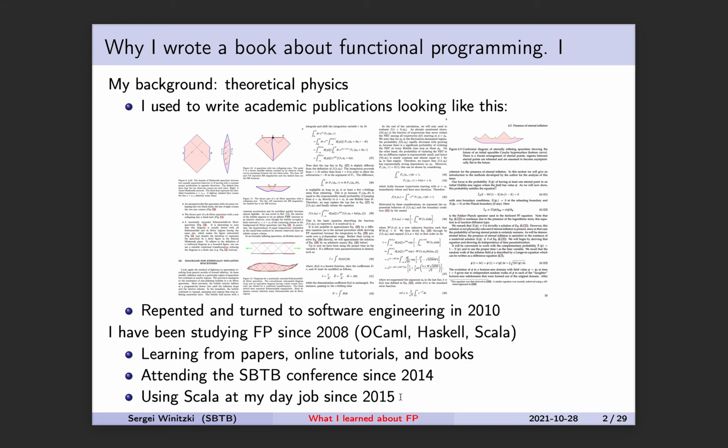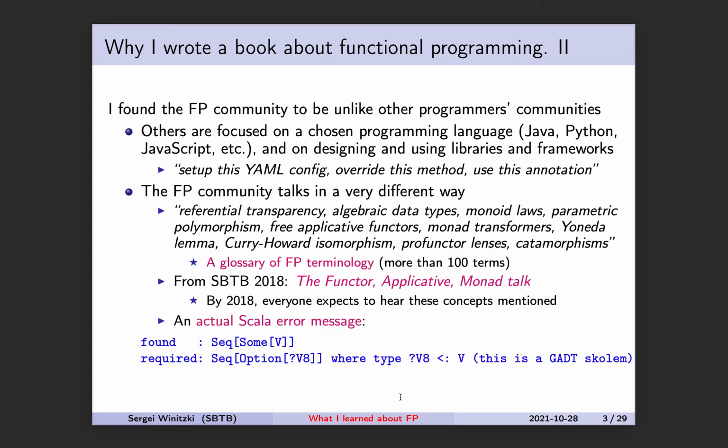So why did I decide to write a book about functional programming? This is primarily because I found that the functional programming community is very much different from other programmers' communities. Other communities, say Java, Python, JavaScript, focus on their language and on their libraries and frameworks, how to use those libraries, and occasionally how to design new libraries.